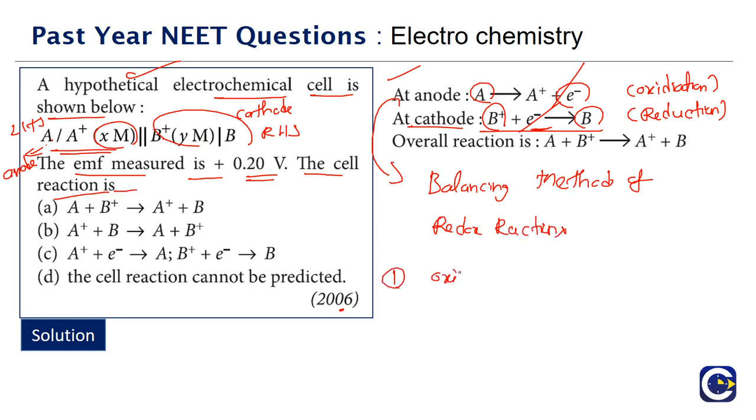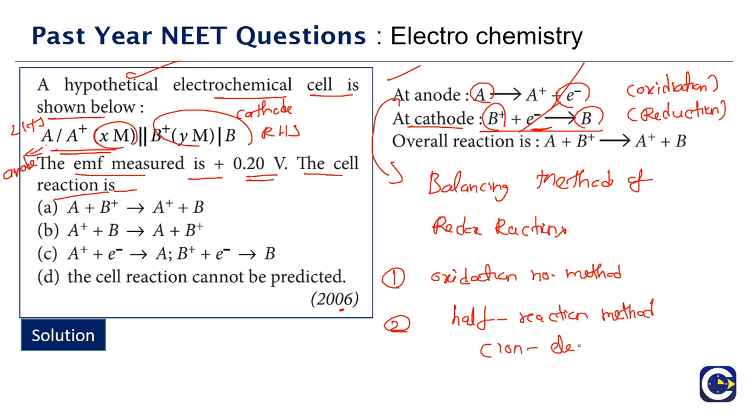One is the oxidation number method, and the second is the half reaction method. The half reaction method is also called the ion electron method. So in the ion electron method, we will separately write down the oxidation half reaction and reduction half reaction. When we are finally adding them, we will make sure that the number of electrons is the same on both sides. That's when they will cancel.